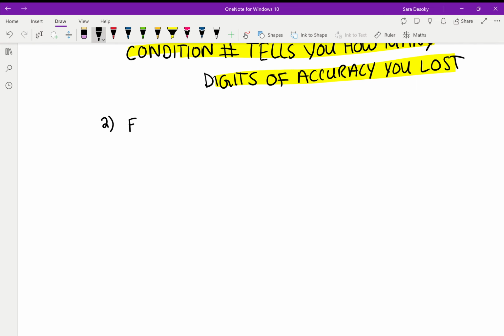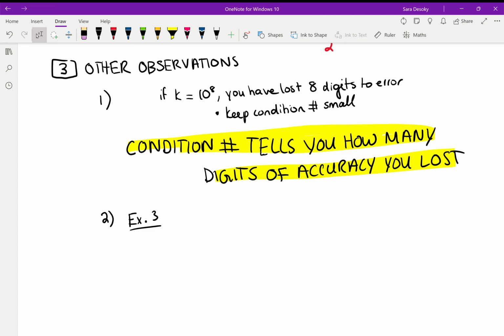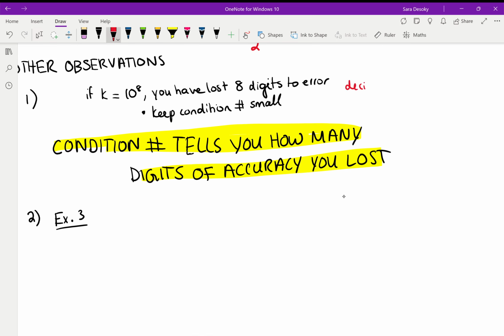Remember, what we're doing in this section, number 3, is all practical stuff. This is what I said about the first point, especially this.